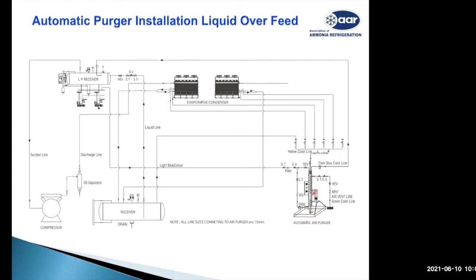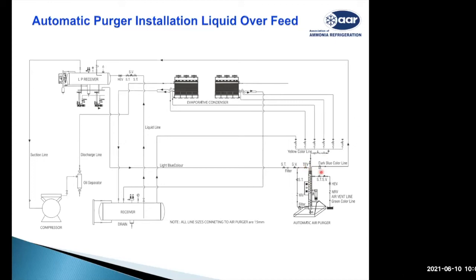If a lot of ammonia is getting accumulated, it means there is no air coming out of the system. This liquid level controller will cut off the feed solenoid valve and switch on this recirculation solenoid valve. So whatever ammonia liquid accumulated will be fed back into the system through this coil.